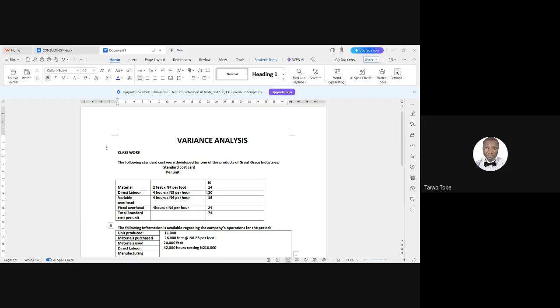So we're going to see the interplay between both of them as we try to solve this question. Even though you have the clue to it based on the past class, as we solve, we are going to still explain further what fixed production overhead variance entails using examples.